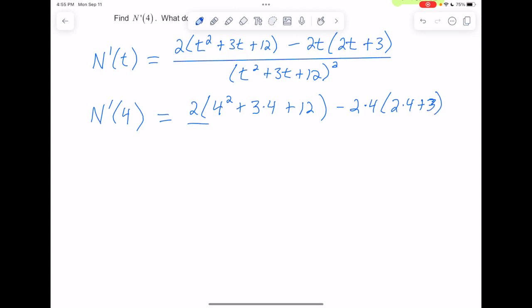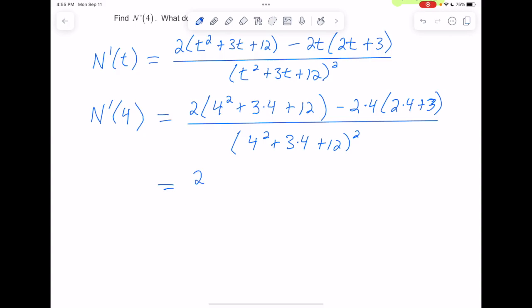And then all of that over the denominator squared piece, which would be 4 squared plus 3 times 4 plus 12, and all of that would be squared. So just going to work on that now.